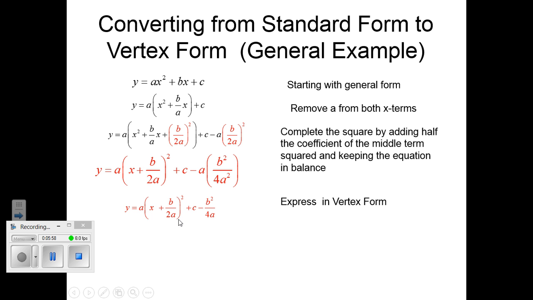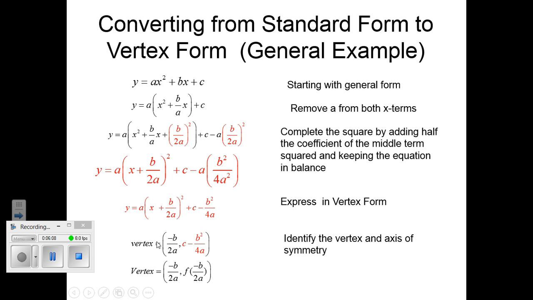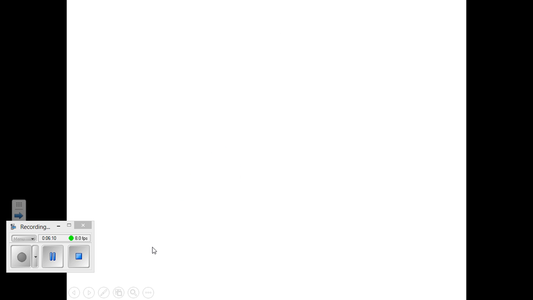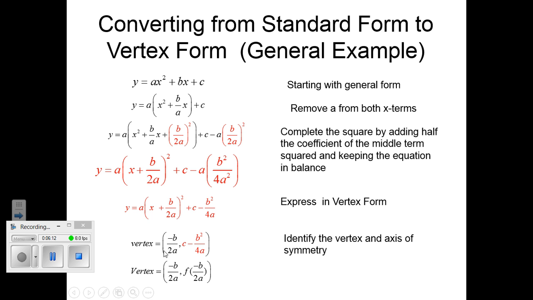So our h term is the opposite of b over 2a, and then the k term is this grouping over here.